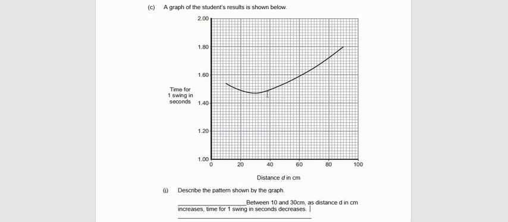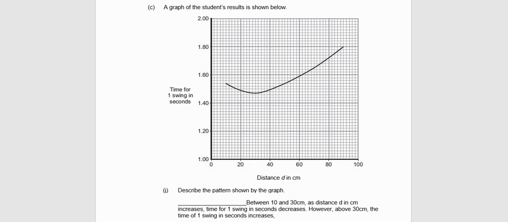For my second mark, I now need to describe the part of the graph here. However is a good word to use when you have a change in the pattern that you see. Above 30 centimeters, the time for one swing in seconds increases.